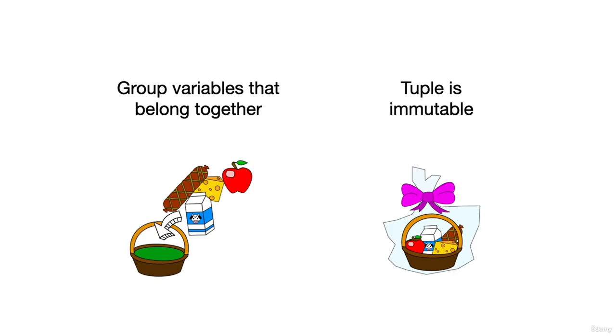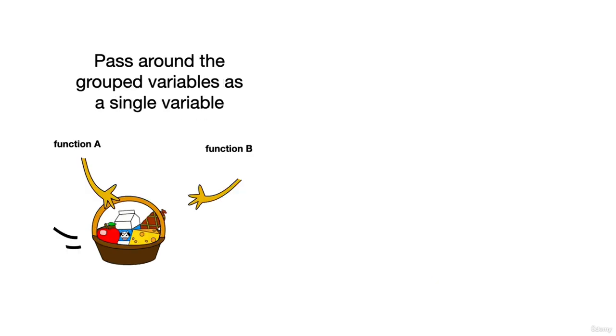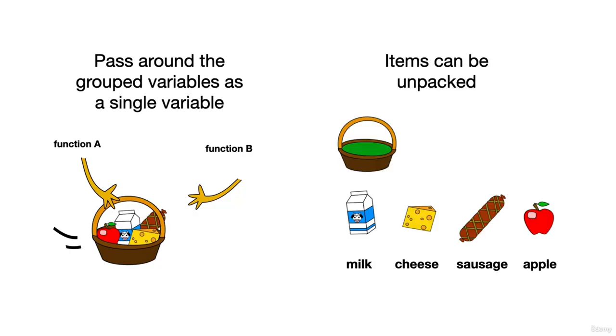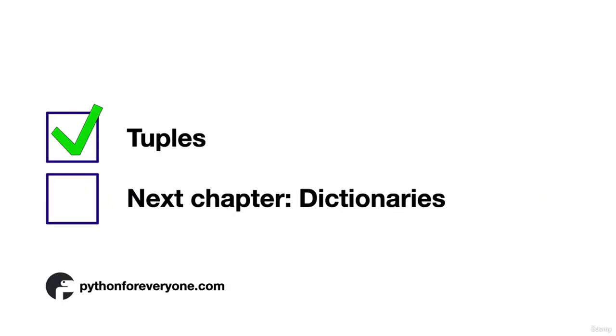You have seen that a tuple is immutable. Tuples can be used as arguments to pass to functions. And you have seen that you can get data out of tuples with tuple unpacking. You have learned how to work with tuples. In the next chapter, you will learn about dictionaries and their unique features compared to lists and tuples.